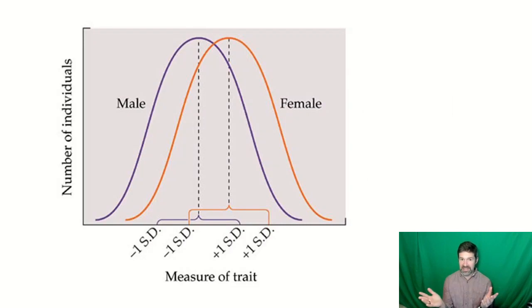This is just an example chart, showing an example of whatever trait we're measuring for males and the same trait for females. You see that the curves are slightly different, that the averages, the means, where the dotted lines are, are not exactly in the same spot. But there's a whole lot of overlap there, right?